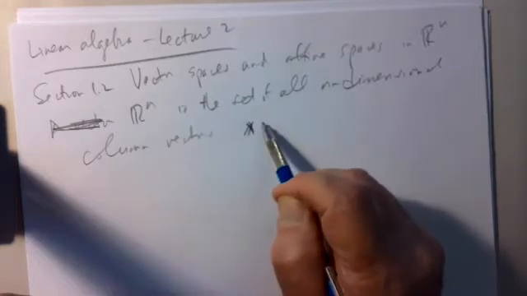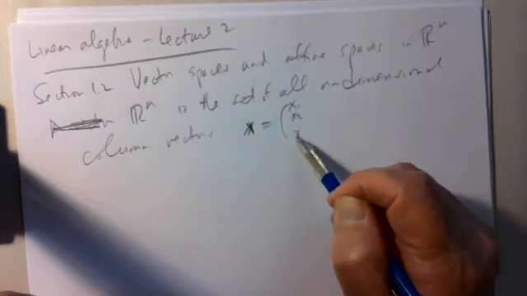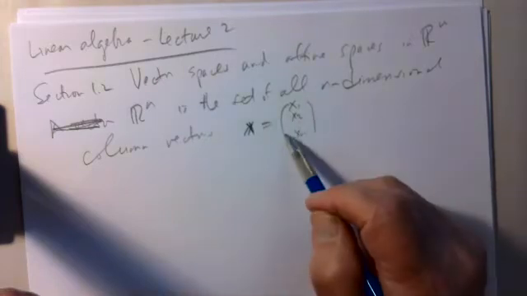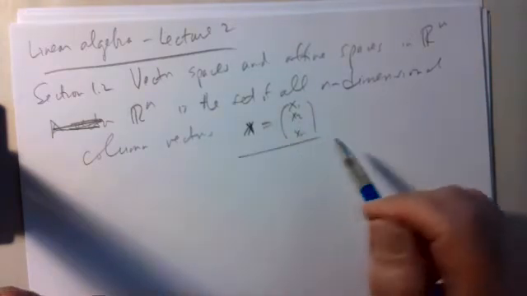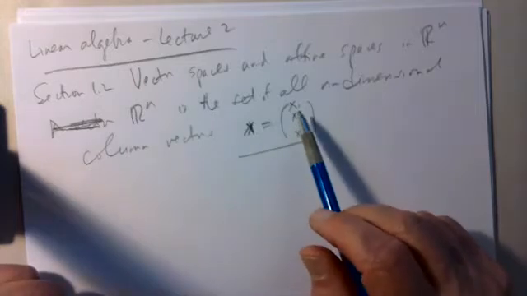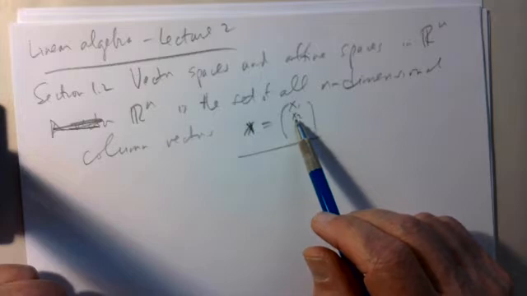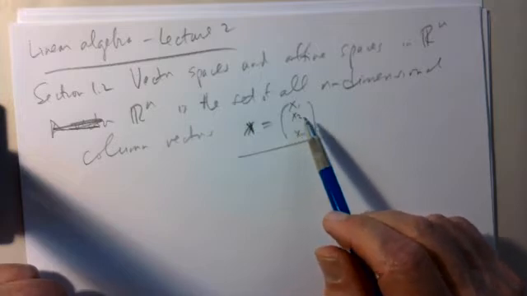So a vector X is this column of n numbers, usually put in parentheses. And I showed this morning how you add, subtract, and multiply vectors by scalars.